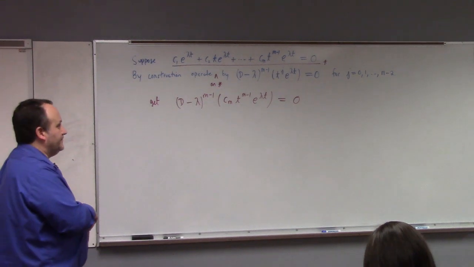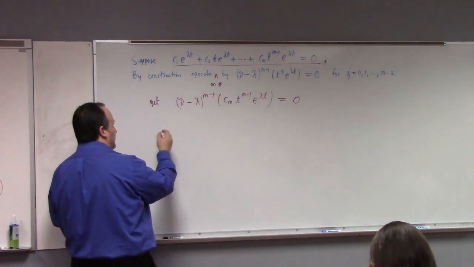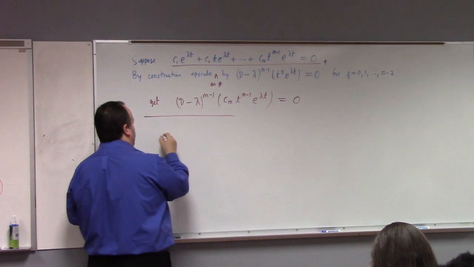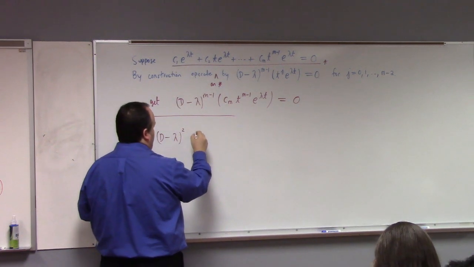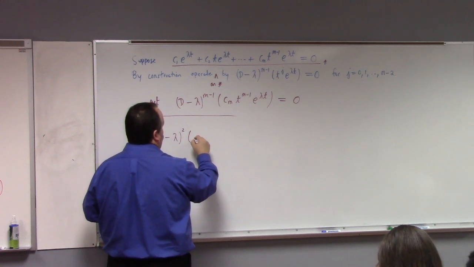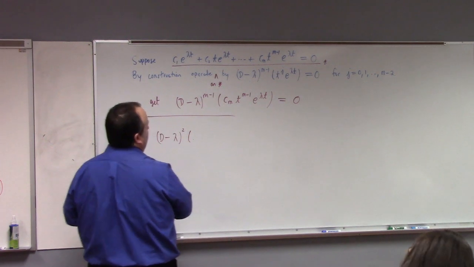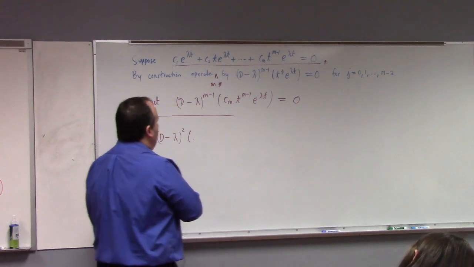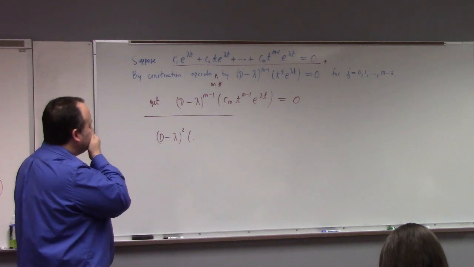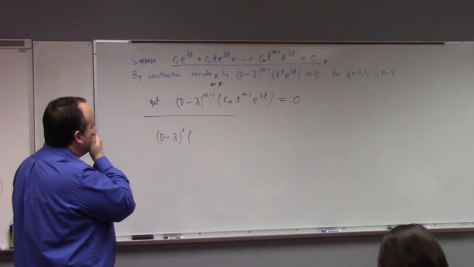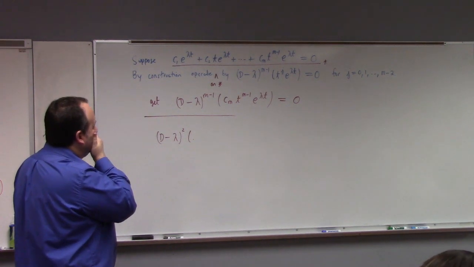It might be helpful to see a particular instance of this. So for example, if I took d minus lambda squared and I was to operate on, I think my counting's off. What did I say? Oh no, it's fine.